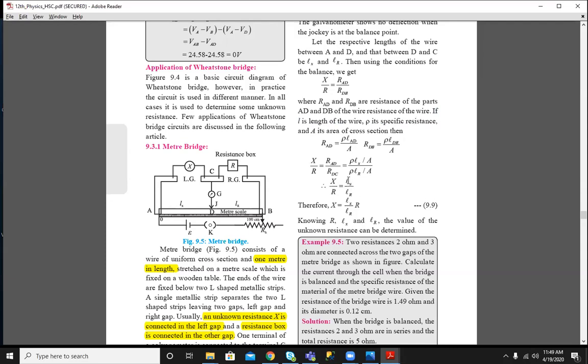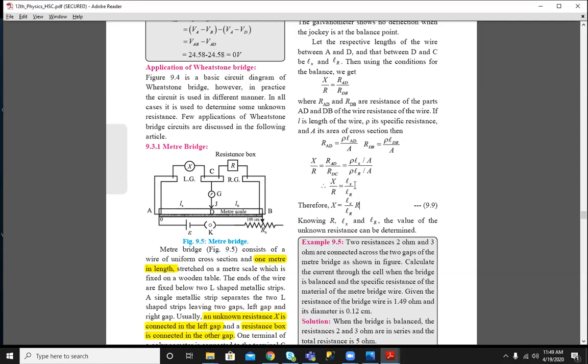Lx is the distance of the null point from the left end, and Lr is the distance of the null point from the right-hand side. As the length of the wire is 1 meter or 100 centimeter, we can write Lr as 100 minus Lx.